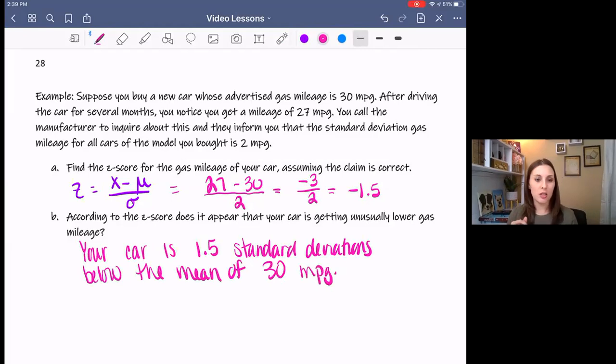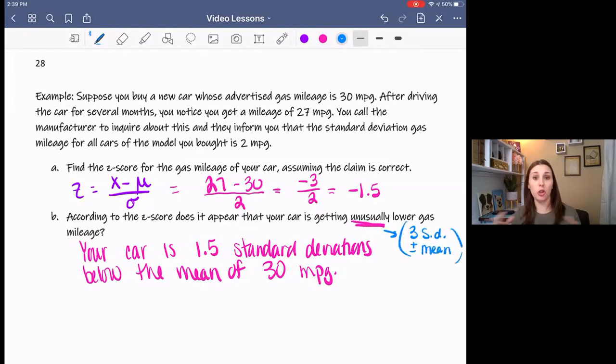And the question is, according to this z-score, does it appear that your car is getting unusually lower gas mileage? And here, for something to be unusually low or unusually high, it would be more than 3 standard deviations above or below the mean. So you could put a side note here, 3 standard deviations above or below the mean.